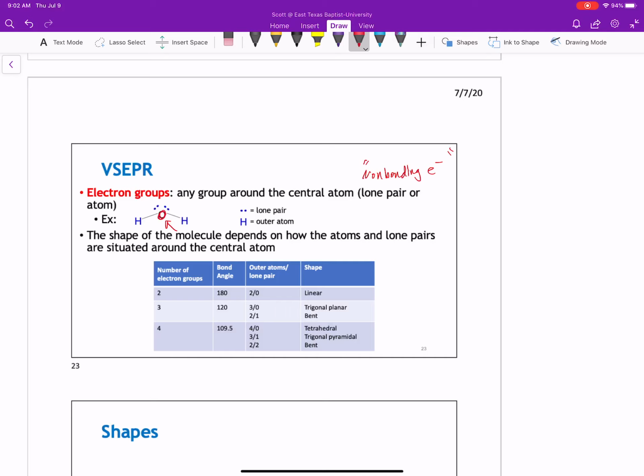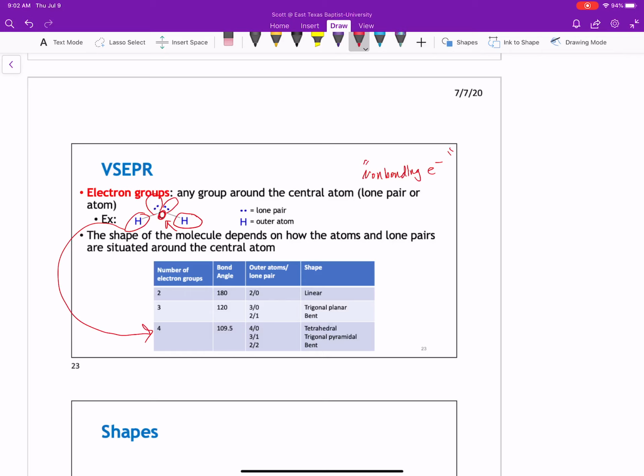Hopefully that's obvious. And then we have really 4 groups around it. We have one group here that we might call an H, one group here that we might call an H, a grouping here that we'll call 2 non-bonding electrons, because electrons that are non-bonding tend to occur in pairs, and then one right there. So 1, 2, 3, 4. So we're going to look down here and find 4 electron groups.